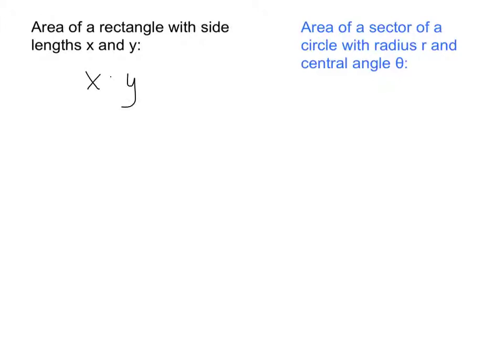The thing that you guys are probably less likely to remember is, what about the area of a sector of a circle with a radius of r and a central angle of theta? And maybe pictures here would have been helpful. In this rectangle, if one side was y and one side was x, the area of that thing is clearly x times y. A sector of a circle means you have some sector of a circle.